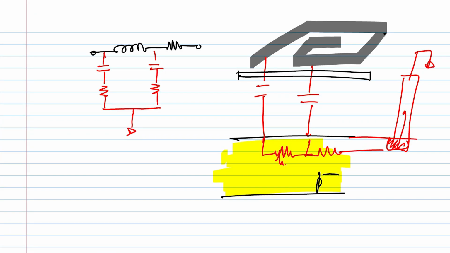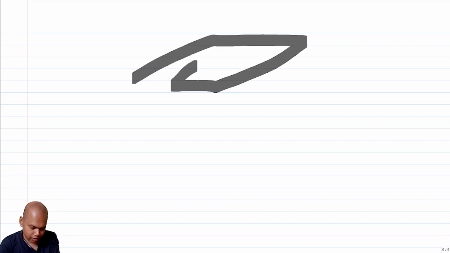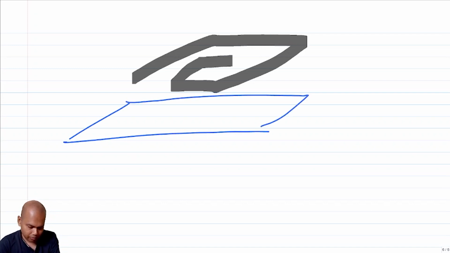So what I mean is, let's say I call this metal 1, and let's say this was metal 4. I make a metal 1 sheet underneath and then ground it, right?